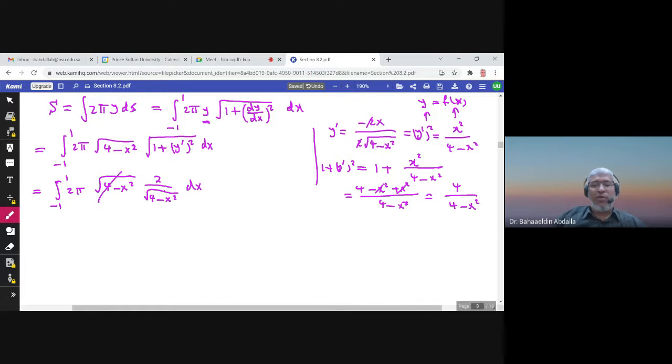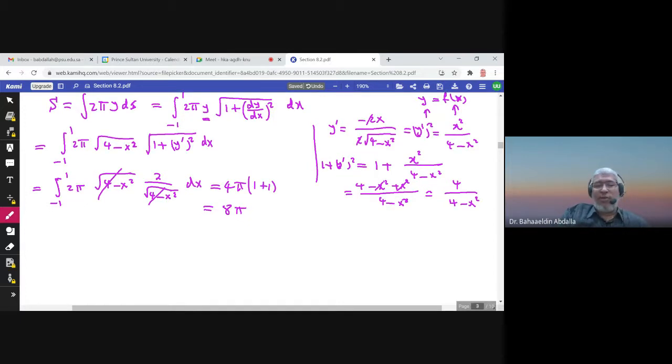And now this square root cancels with this square root, and I have 2 times 2, 4 pi, times 1 minus minus 1, or plus 1. So the answer is 8 pi. The surface area is given by 8 pi.